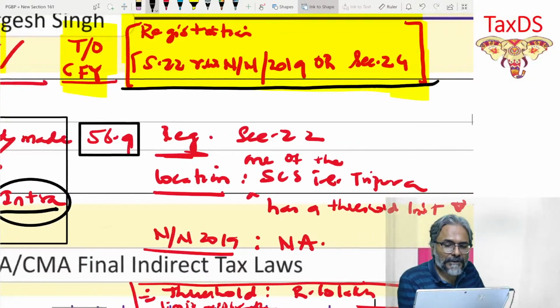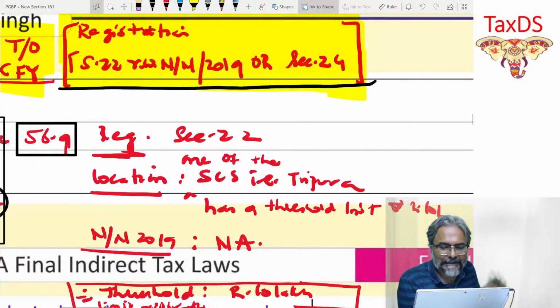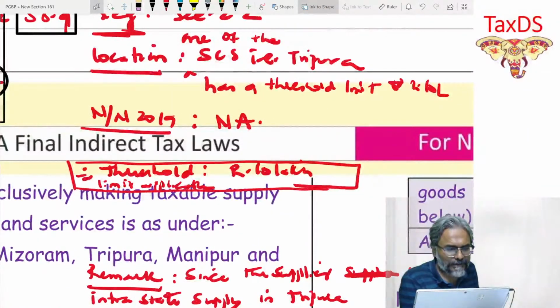Now the location, students, one of the SCS, that is Tripura, has a threshold limit of rupees 10 lakhs. So below this, after location, students, notification number 20/19, is it applicable now? Is it applicable? And the answer is no, because of this very reason itself. And therefore, students, in this context, the threshold limit that would be applicable would be rupees 10 lakhs.